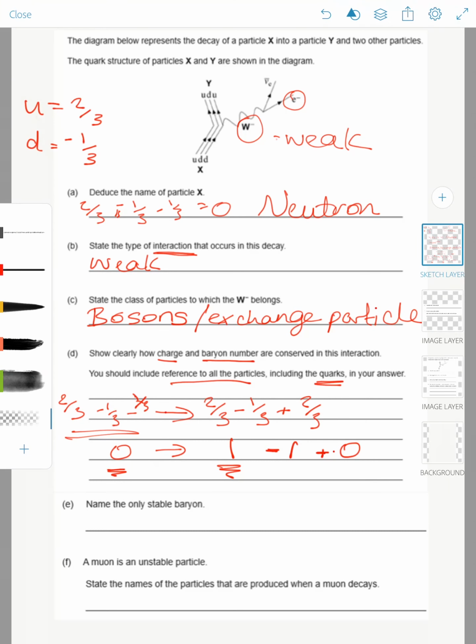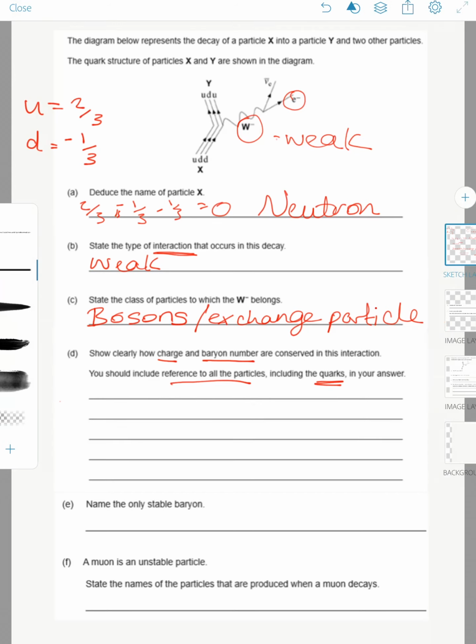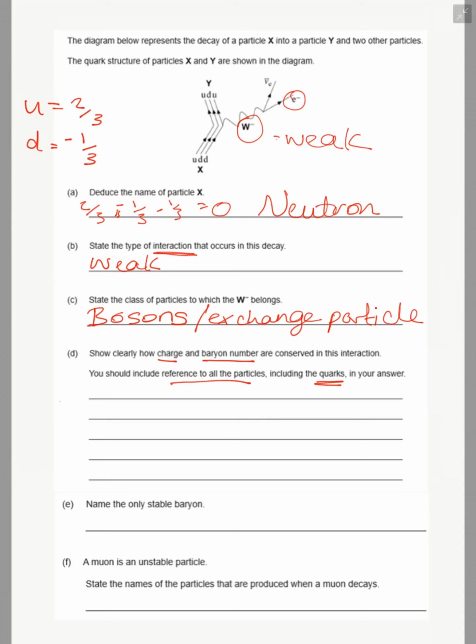Now, as well as that, with your baryon numbers, if you just bear with me, your baryon numbers on this side, these guys being baryons, you've got your up, down, down. In reference to your quarks, you've got your baryon number of 1/3, 1/3, and 1/3.